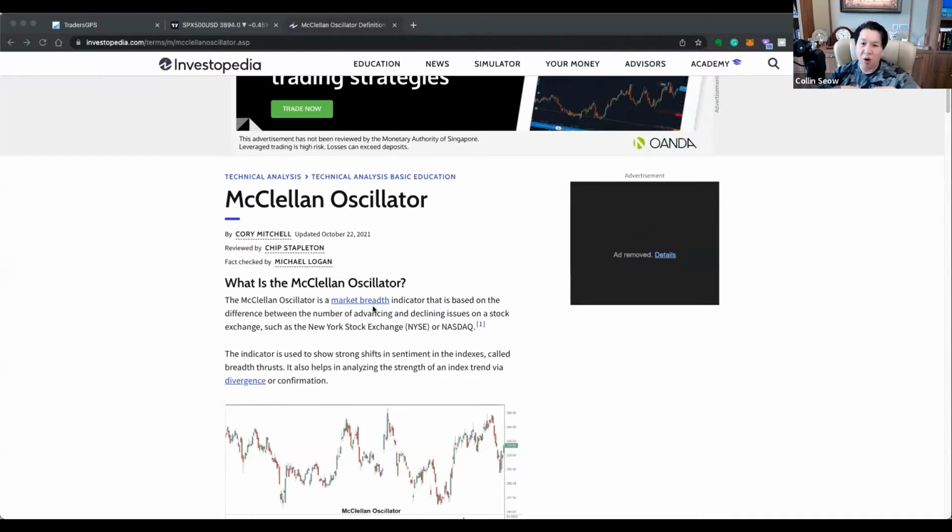We are looking at all the different stocks. This oscillator is based on the difference between how many stocks go up versus how many stocks go down, on the New York Stock Exchange or the Nasdaq Stock Exchange.